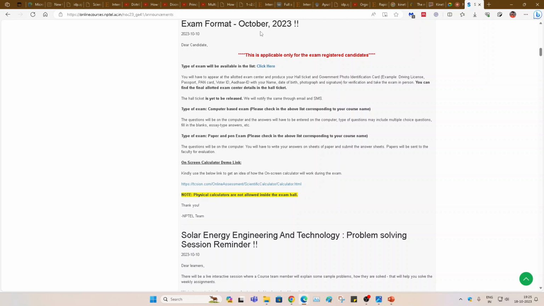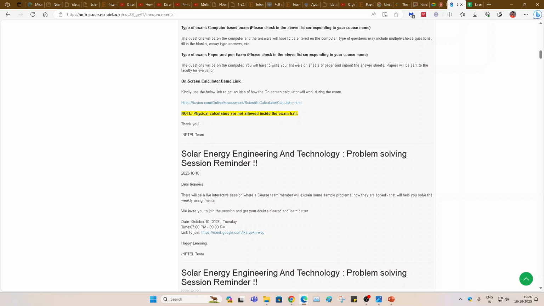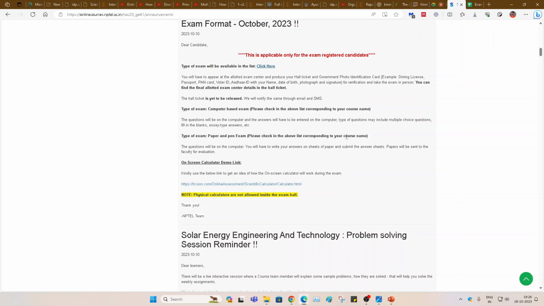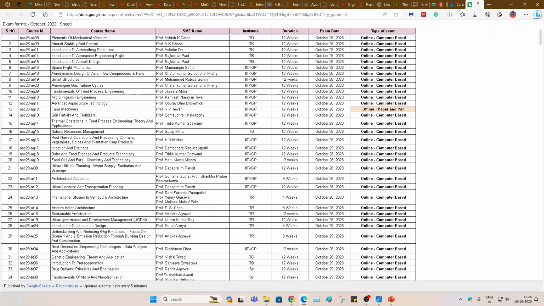So, type of exam. Generally it's a 100 marks paper exam. You can expect 60 to 70 questions or something. I don't remember actually. It was 3 hours, I think.